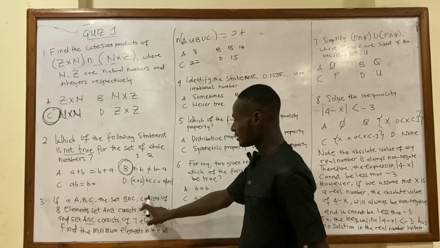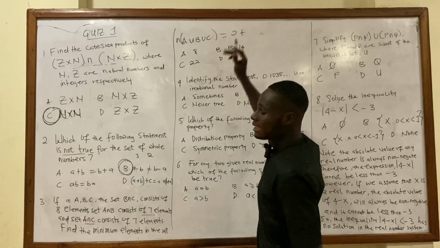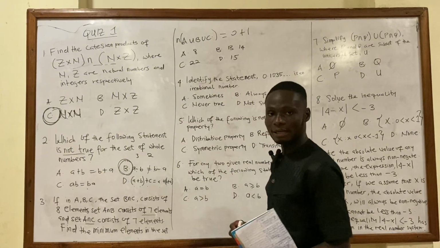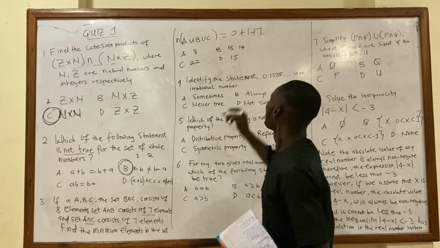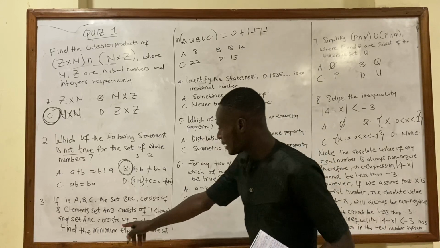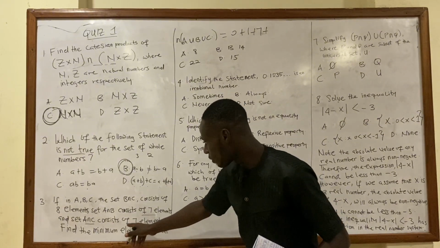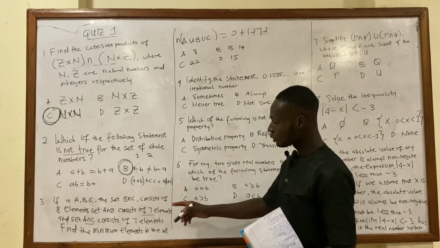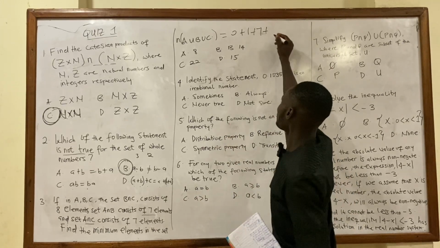B intersection C was also given as 8, right? So we have 8 minus 7, that gives us 1, plus the intersection itself, plus the next set, which they gave us 7 elements for A intersection C, and that is also 7 minus 7, and that will be 0.